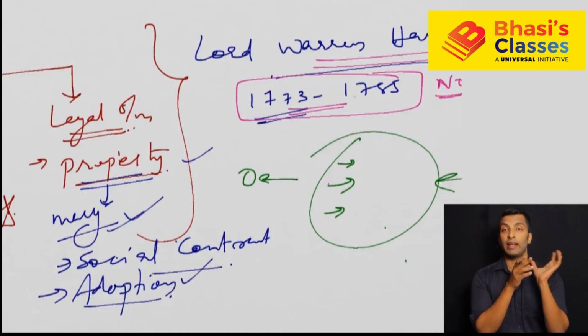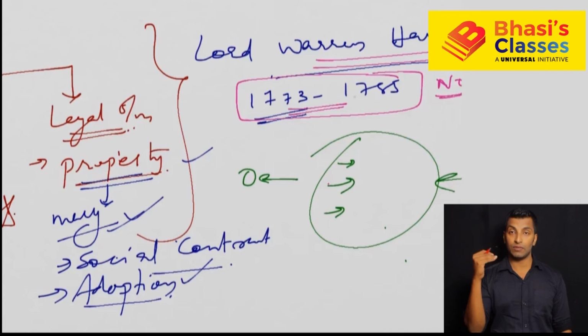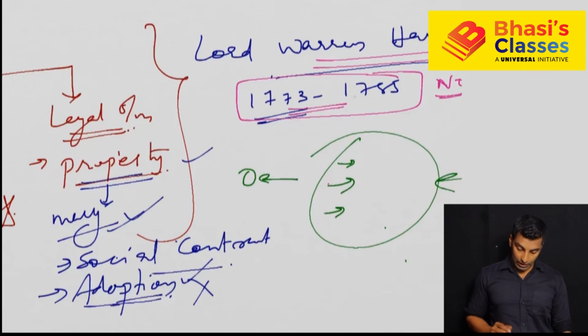It was not applicable in the states where Mughals or Muslims were there. If you see the states annexed under the doctrine of lapse, you cannot see Muslim states. All those annexed were Hindu states, because adoption is already not valid among Muslims. So there is no need of such laws for Muslim states.